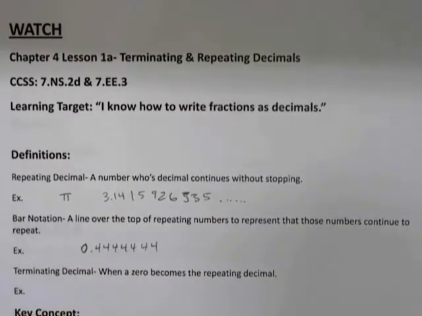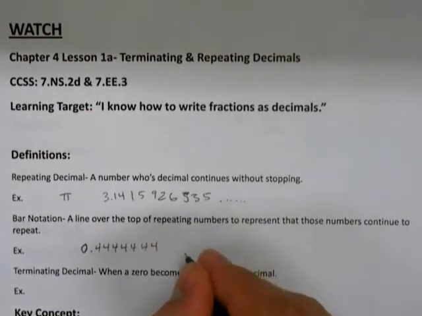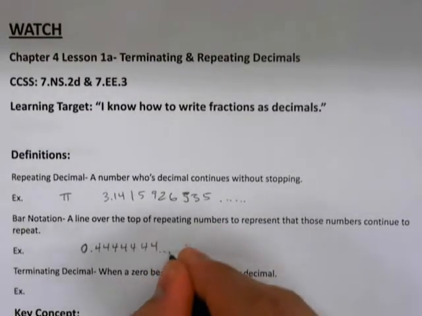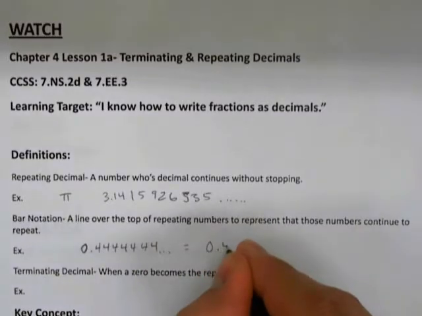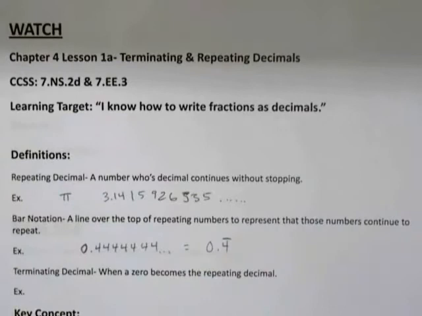So instead of just continuing to write 4, we can write that as 0.4 with a line over the top of the 4 to show that the 4 is going to continue repeating and repeating and repeating.